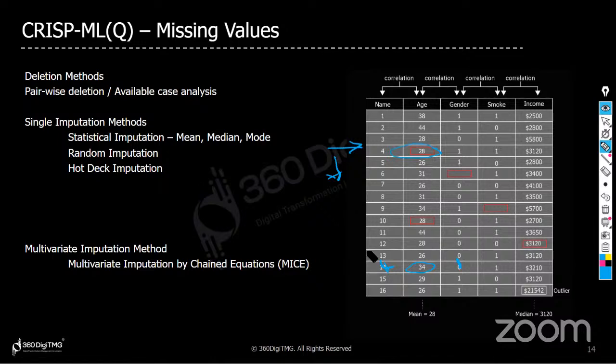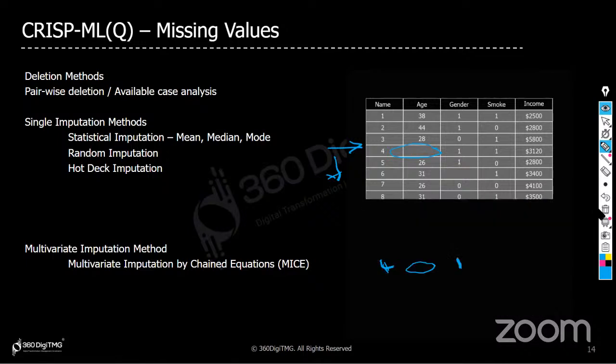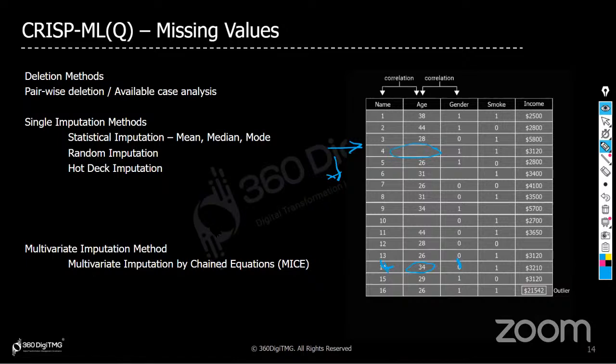When you have two matching records, it will take the average. When you have no matching records, then it does something else. Whenever we are working with this type of imputation, it will search for the records which match the record having missing values. If it finds a matching record, it will replace that value.